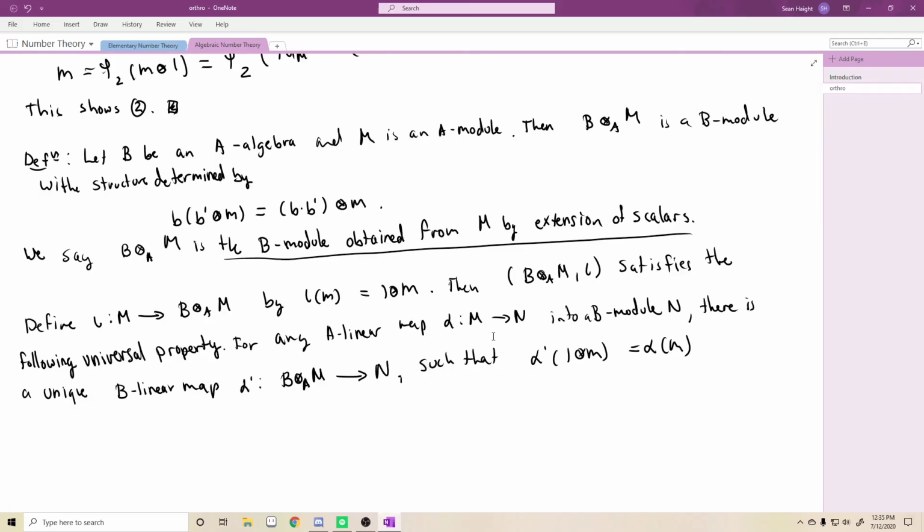Okay. And similarly to the universal property enjoyed by tensor products, I also get an isomorphism of Hom spaces. So the map alpha maps to alpha prime defines an isomorphism.